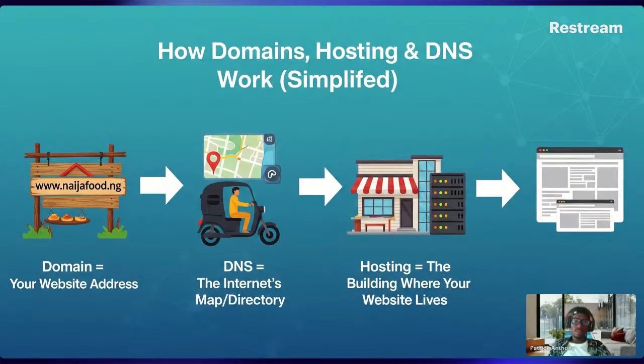So let's give an analogy. DNS is like the phone book of the internet. When you want to save your friends' contacts, you save the phone number, and then you can remember them with the name. But you actually save the phone number. The phone number is what you use to call them.